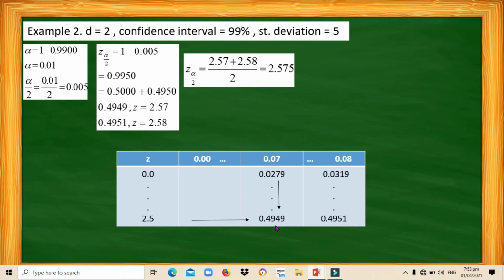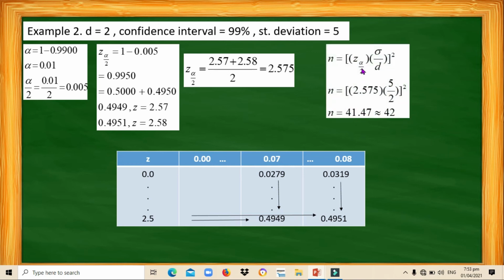And the z-score of 0.4951 is 2.5, the intersection is 0.08, and that is 2.58. Okay, so then our z sub alpha over 2 is 2.575.